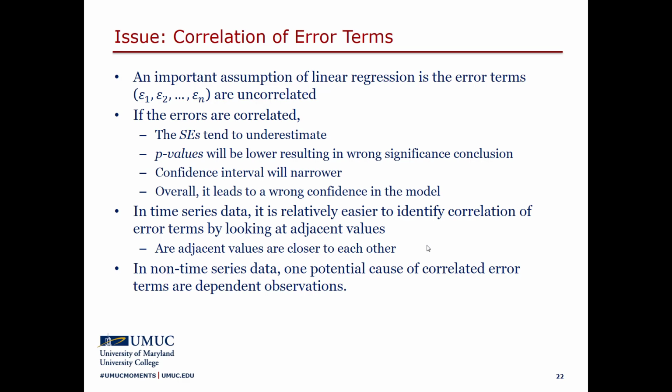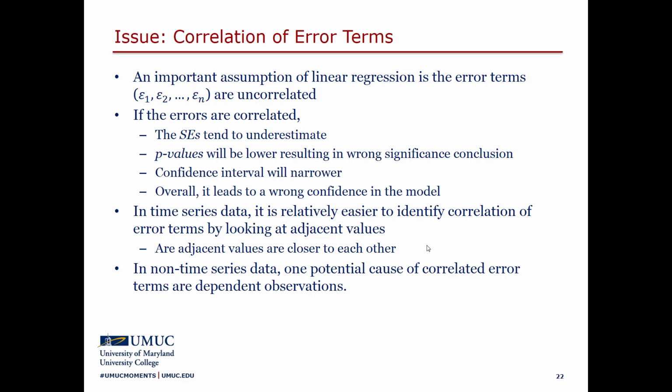Some of the p-values will be small because of error correlation, when in reality they are larger, or in some cases there might be a value for which you won't be able to reject the null hypothesis. Also, the confidence intervals will be narrower. That means the uncertainty is wrongly assumed to be small when you should have a larger confidence interval.